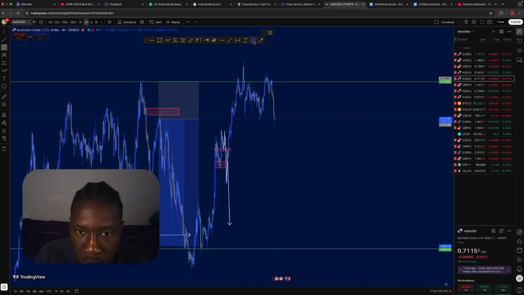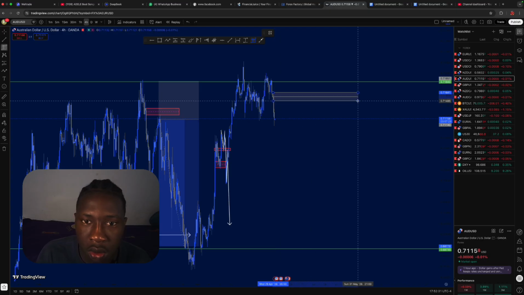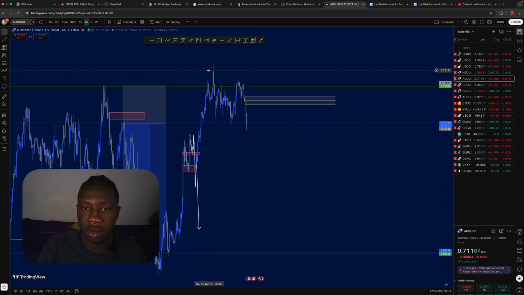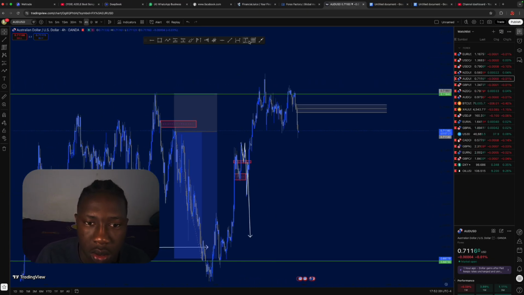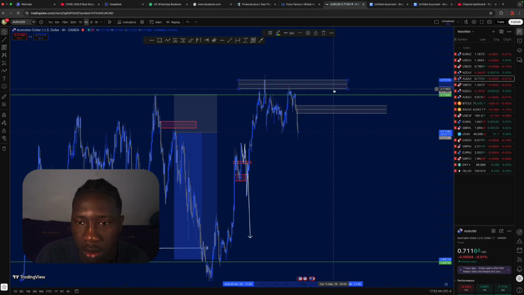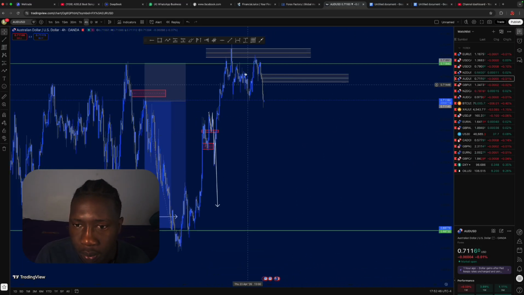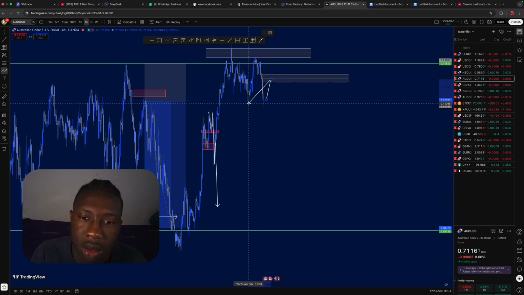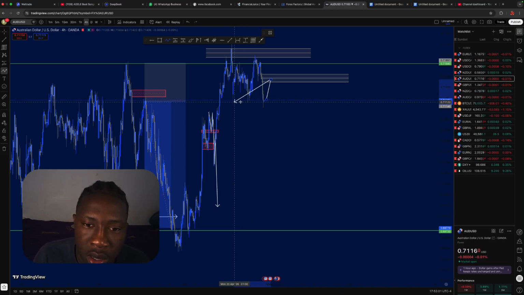We can say at this zone, because the market gave us equal highs like this. So we are looking for a pullback to the upper side, because we have a break of structure to the downside at these lows.